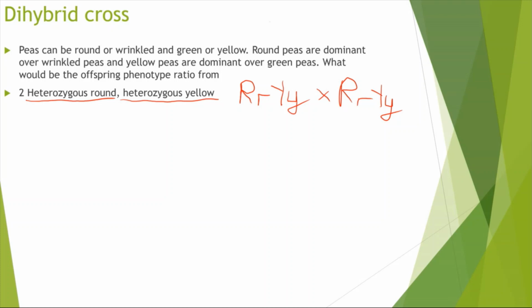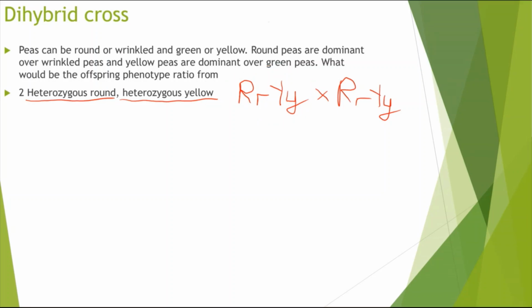To cross them, we need to split them into their respective gametes, and from each of them we should get 4 different gametes, and each gamete should consist of 2 genes, because we have 2 characteristics in a dihybrid cross. So now what we want is 2 genes and an allele from each gene.